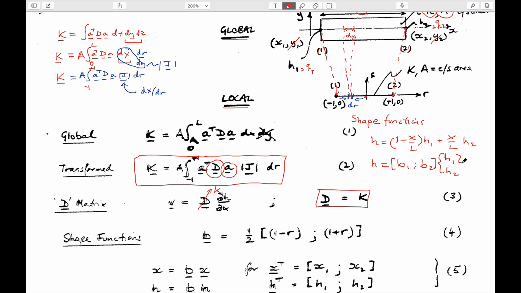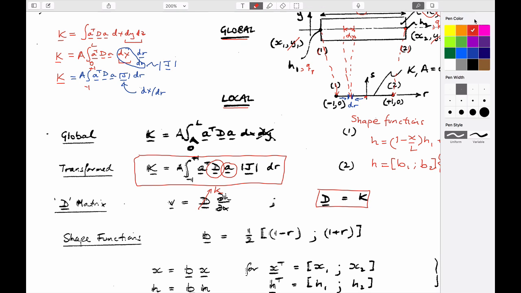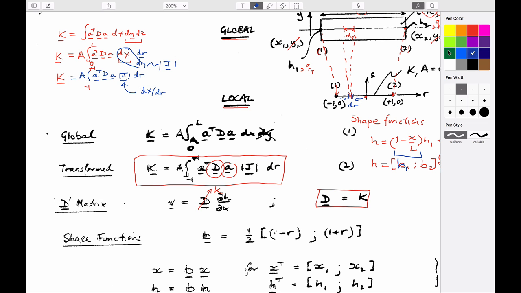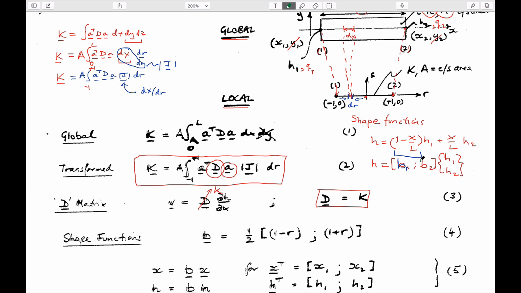So B1 is this term here. And B2 hopefully is this term here.